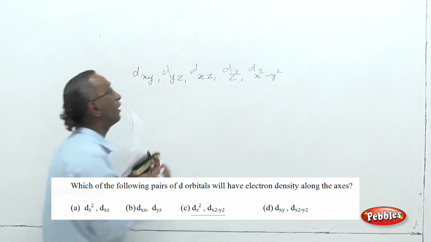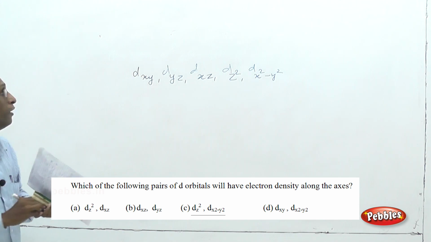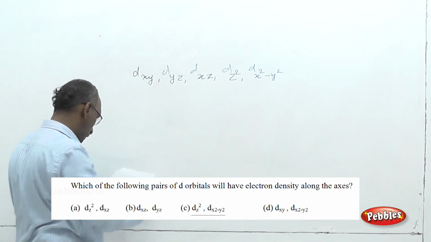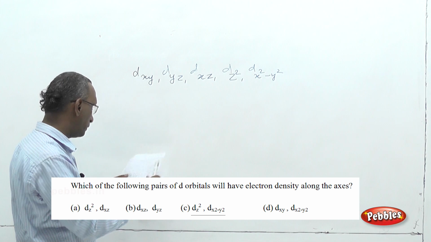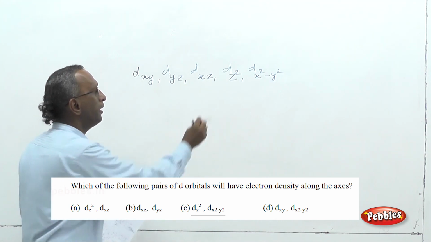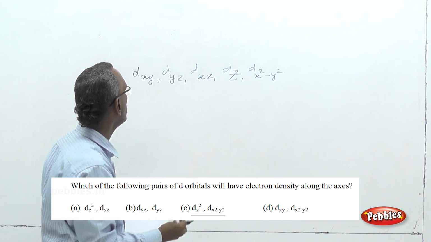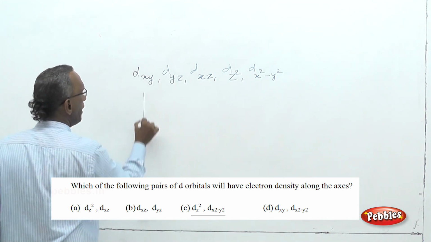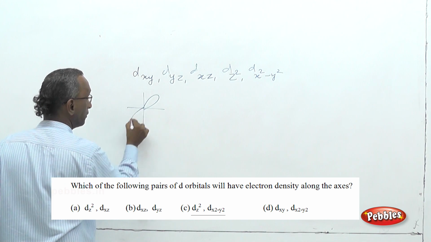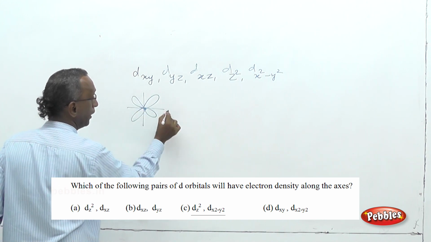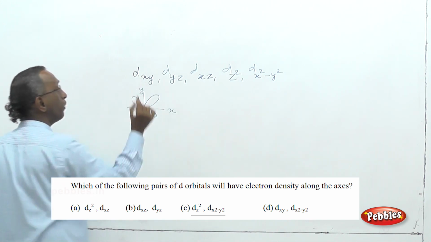You have to be careful about the notation. Dxy means in this pattern. This is the x-axis, this is the y-axis.